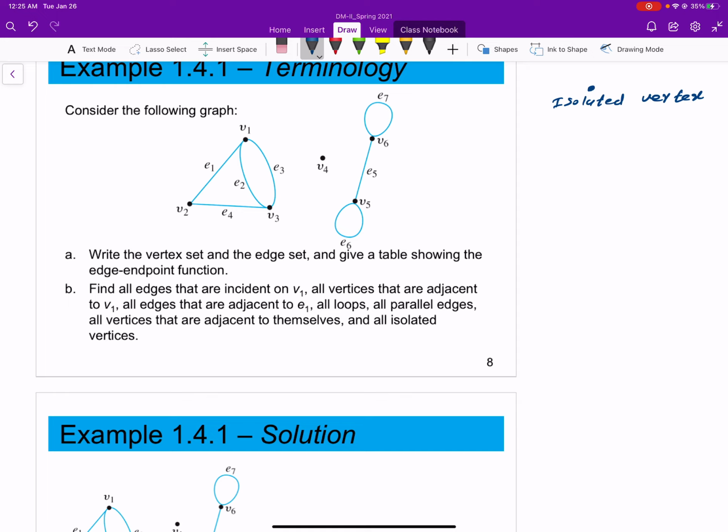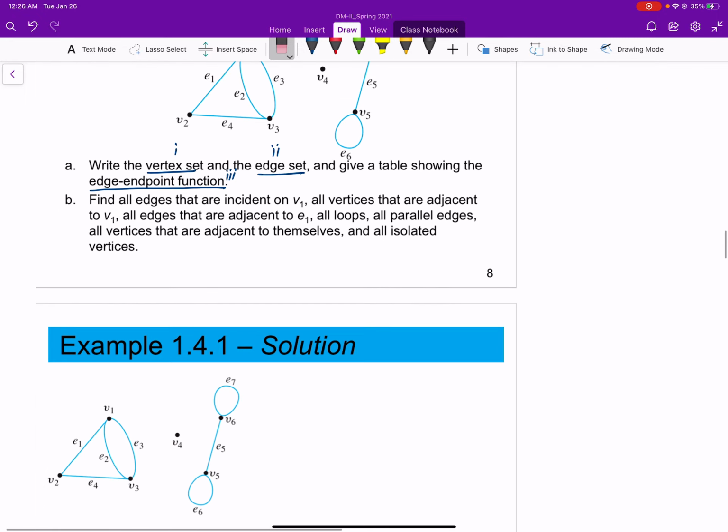You have to write the vertex set, the edge set, and give a table showing the edge endpoint function. There are three things you have to find. In problem B, find all edges that are incident on V1, all the vertices that are adjacent to V1, and so on. Let's do the first problem first.